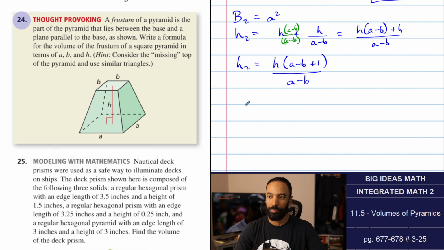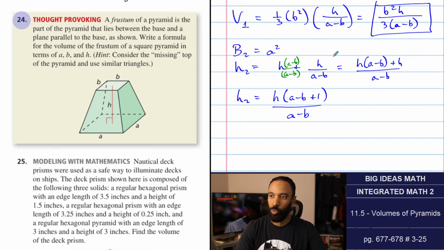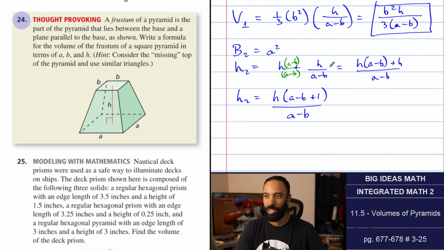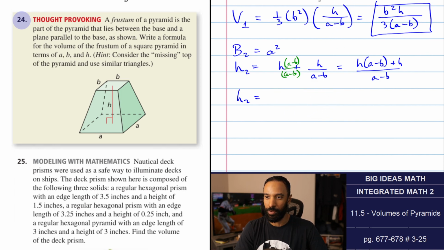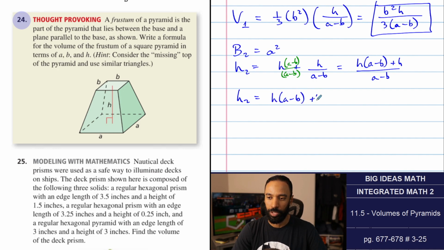So the volume, well, I don't know if that's helpful, so why don't I leave it as it was? Because I think I have to do a subtraction later anyway. So h times a minus b plus h over a minus b.